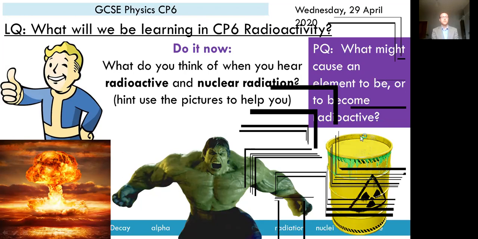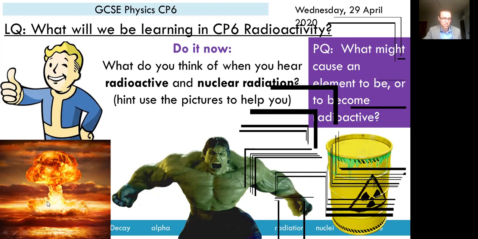Okay, so some of the things I think of, if we just use the pictures first of all for inspiration, down at the bottom left, we've got a nuclear explosion. That looks like a nuclear explosion to me, so you can think there are probably huge amounts of energy involved with radioactivity and nuclear radiation.